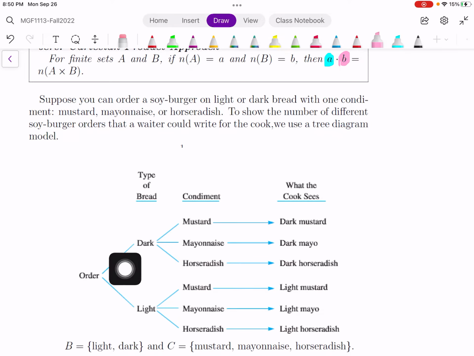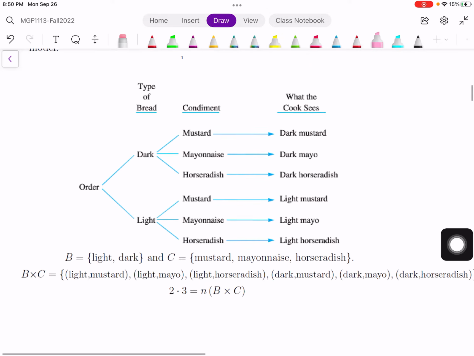People can order dark or light bread, and with each option there is also an option for mustard, mayonnaise, or horseradish. So the waiter would see dark with mustard, dark with mayonnaise, dark with horseradish, and the same for light: light mustard, light mayo, and light horseradish.